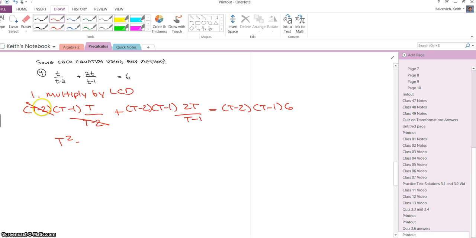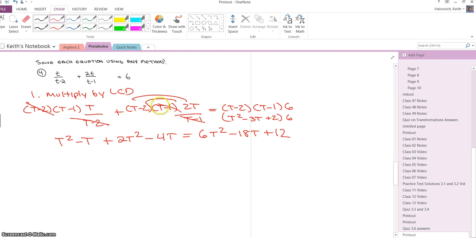So it's t squared minus t. And then when you distribute here, you get 2t squared minus 4t. Here you need to FOIL, so you get t squared minus 3t plus 2, and then you multiply by 6, so you get 6t squared minus 18t plus 12.